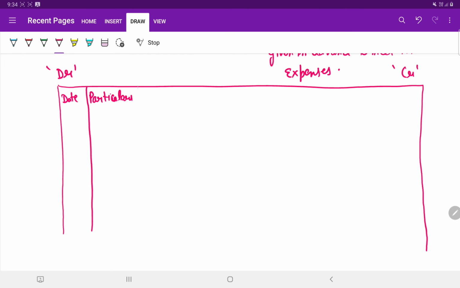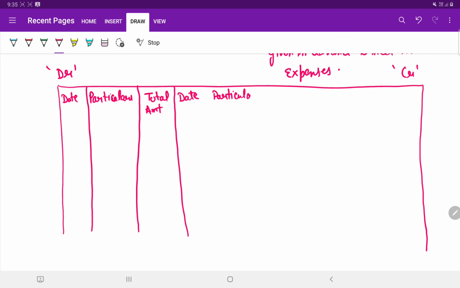In the particulars column, the entry for the imprest money can be added. So here is the value of imprest money highlighted. Then come the entries of the expenses occurring date wise. So for that, again date, then the particulars. This amount is separated here and this is the credit side now being started, then the particulars.